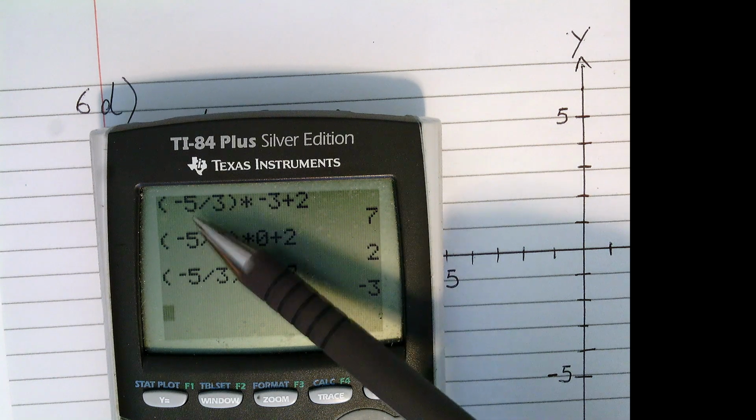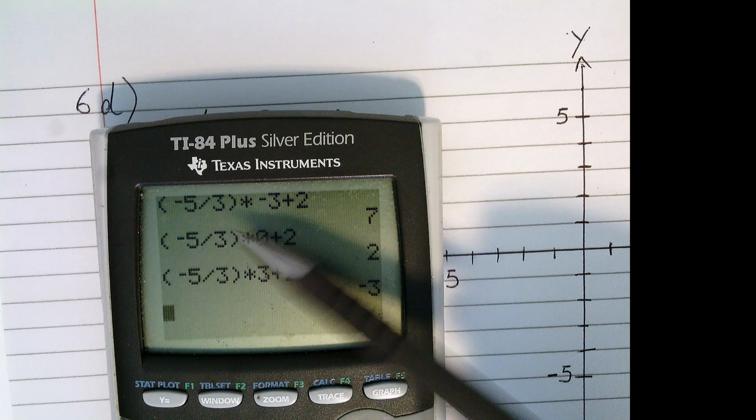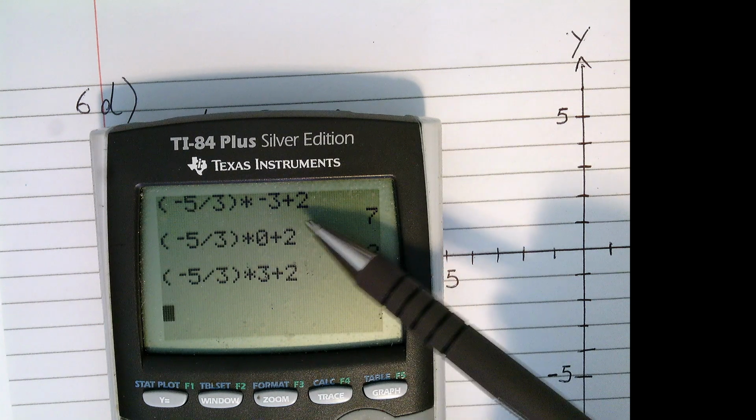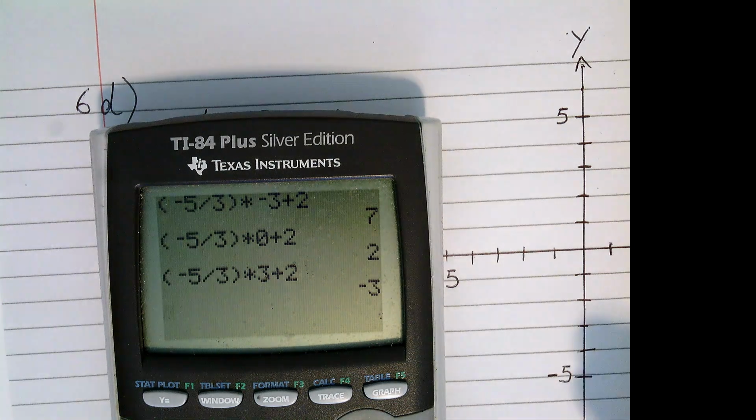But remember, on your calculator, there's a negative sign. It's not a subtraction sign. Be very careful. What I'm trying to tell the class is you don't have any excuse.